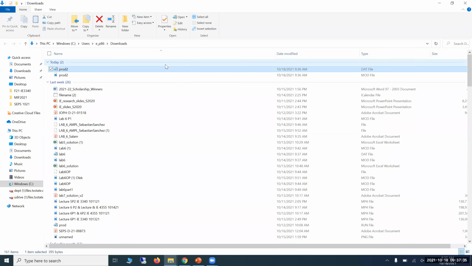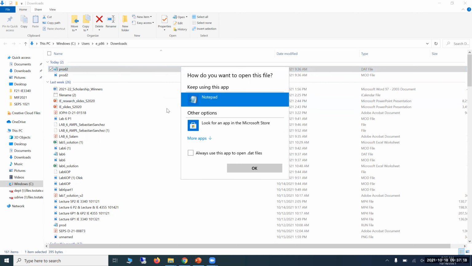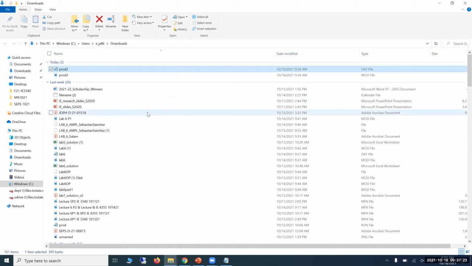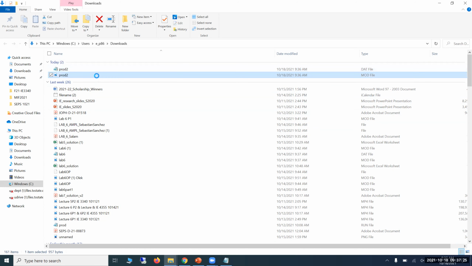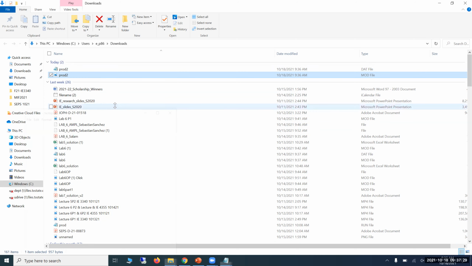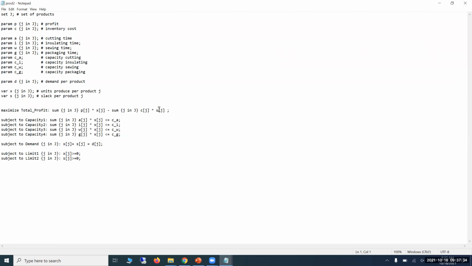That's fine. But I want you to be aware of what I'm trying to explain in class about separating the data from the model. And I want to highlight the importance of that in terms of the practicality of having your model separate from the data file.